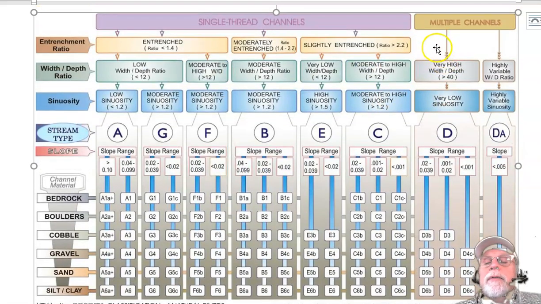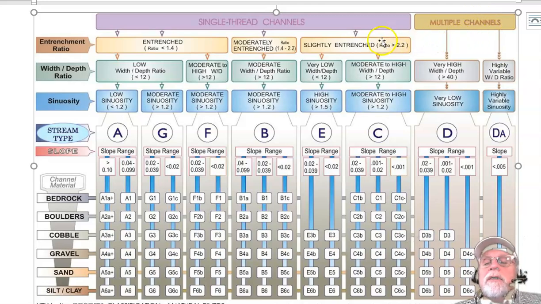Slightly entrenched is an entrenchment ratio of greater than 2.2. Ours was 2.6. So the other ones are less than that. These really are braided. D is braided channel or multiple channels.